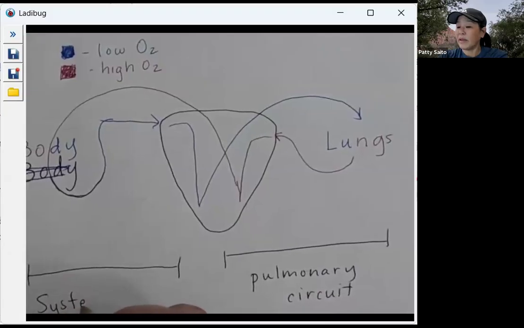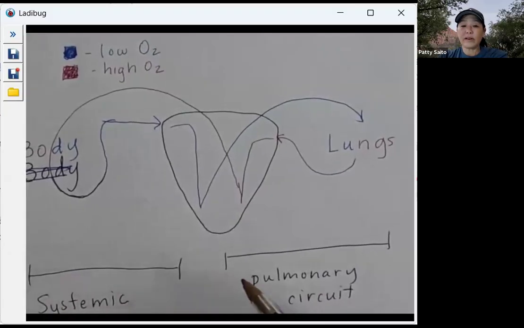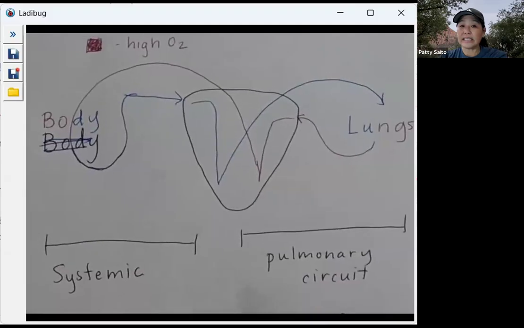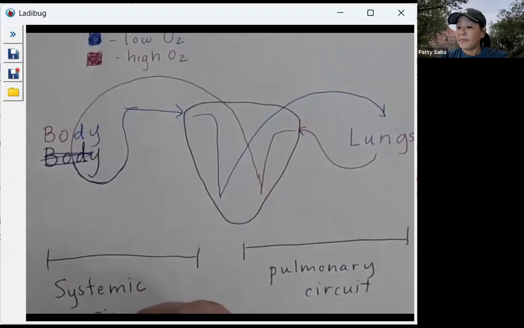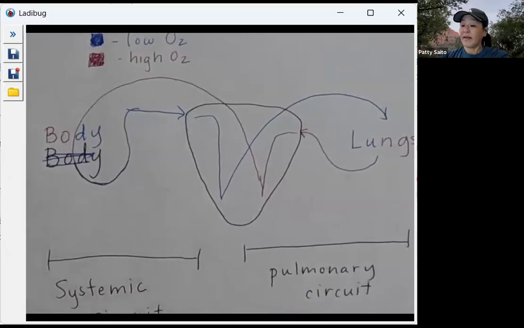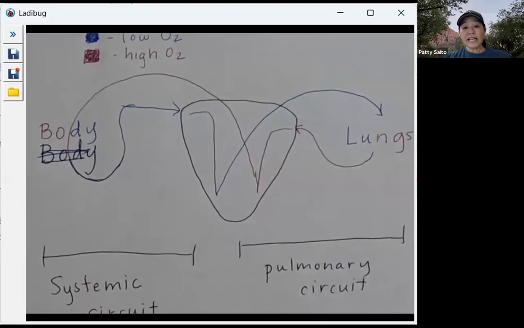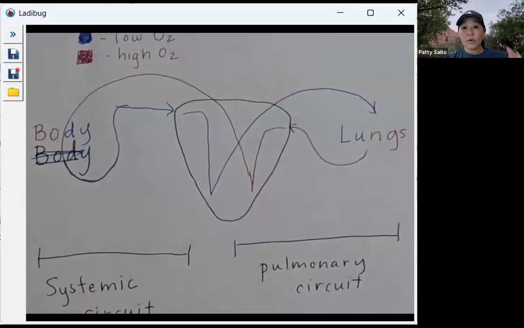Systemic means the body. So if there's an infection or something that is systemic, it's throughout the body. Okay? And so understanding this basic flow of blood will be important in your understanding of the heart.